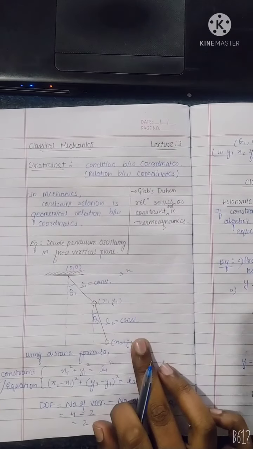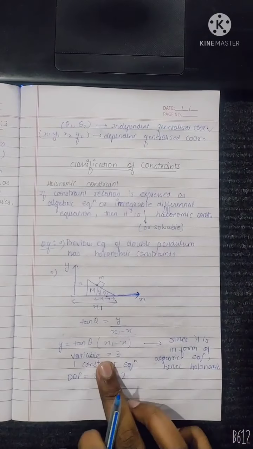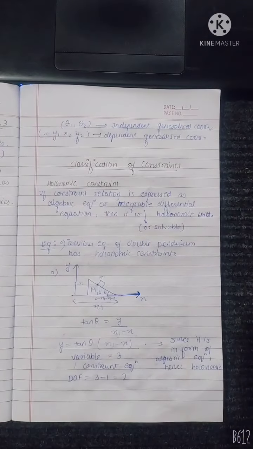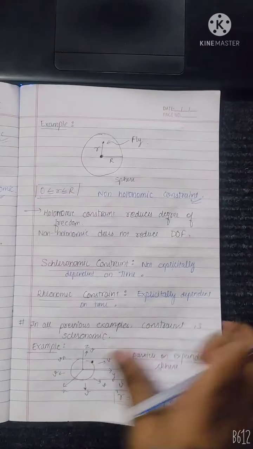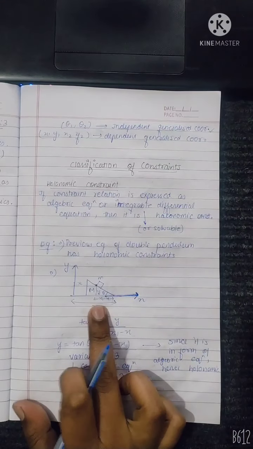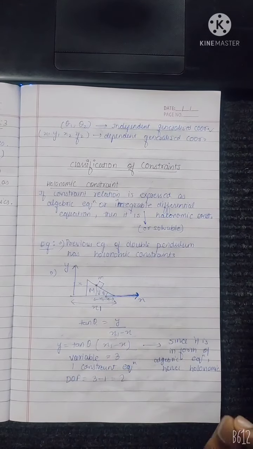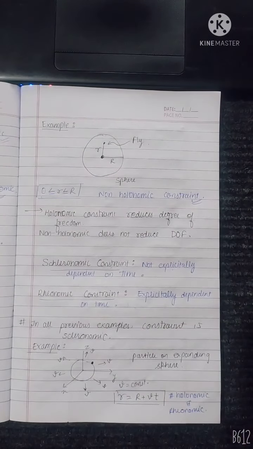Like the double pendulum, no presence of time in the equation. This solid block, no presence of time. These are all scleronomic. This system is holonomic and scleronomic, because there is no dependency on time.